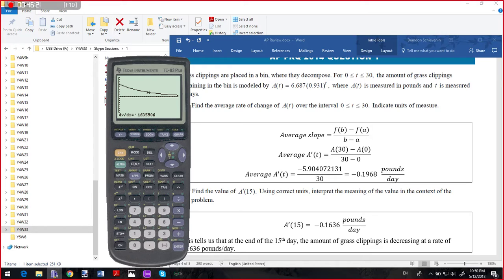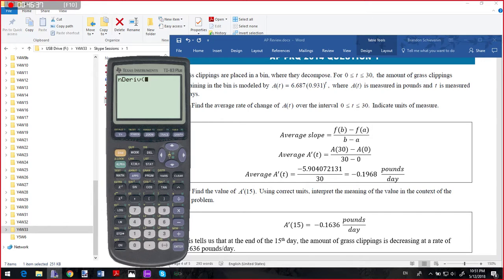Got it. Thank you. Okay. If you can't graph it for whatever reason, you can also hit math and then scroll up to nDeriv. Okay.